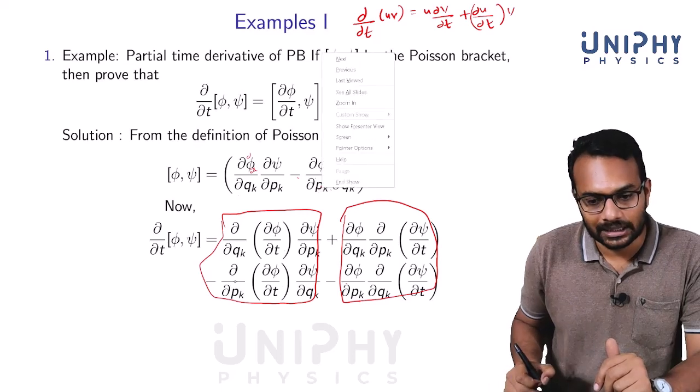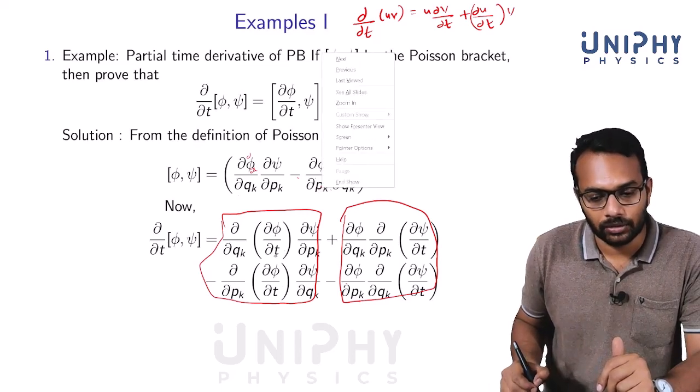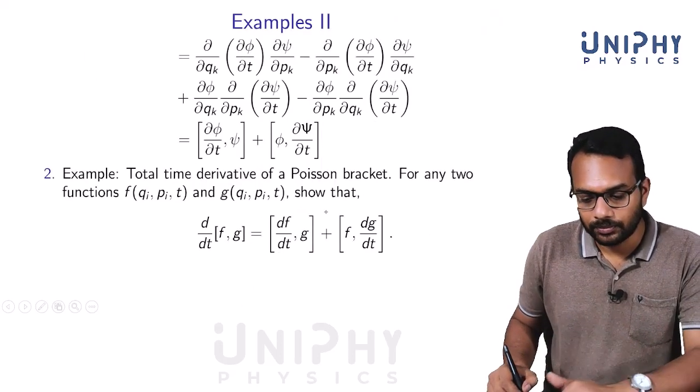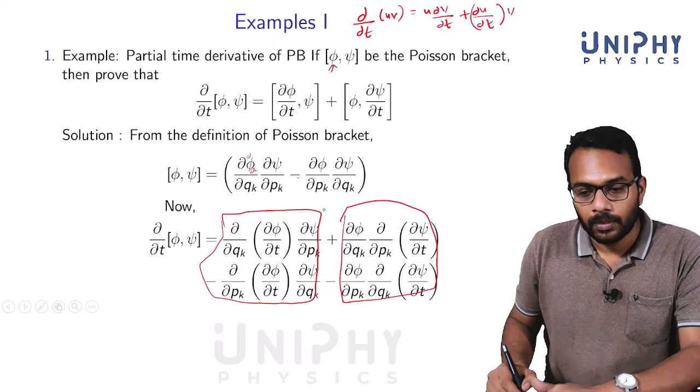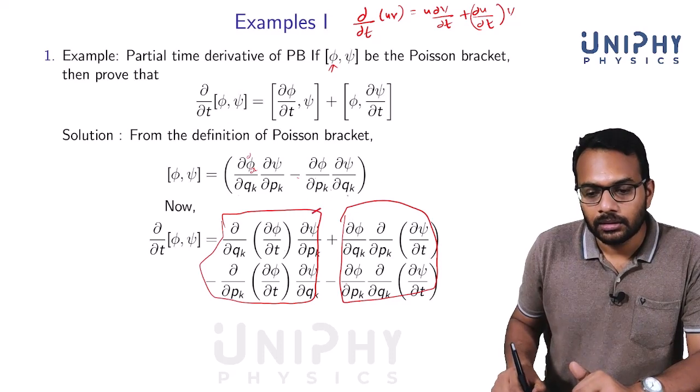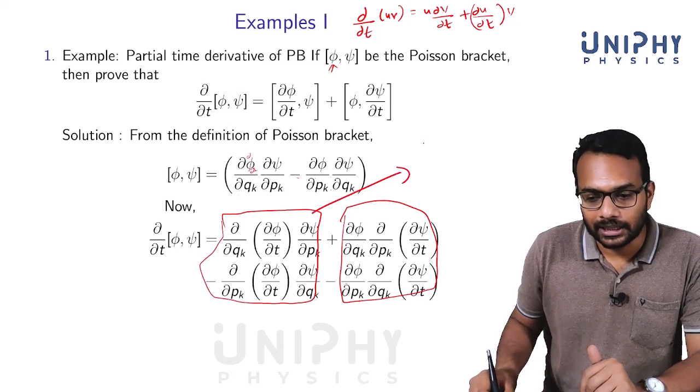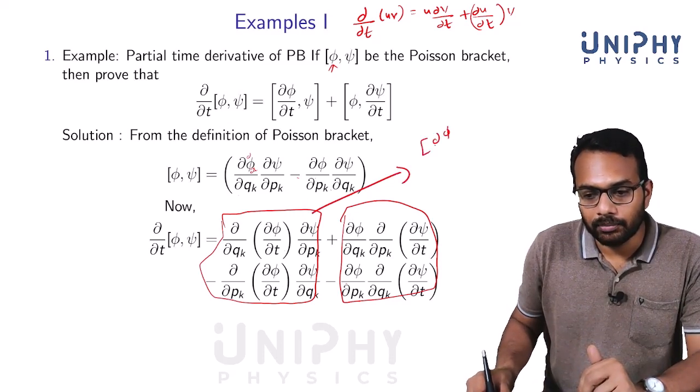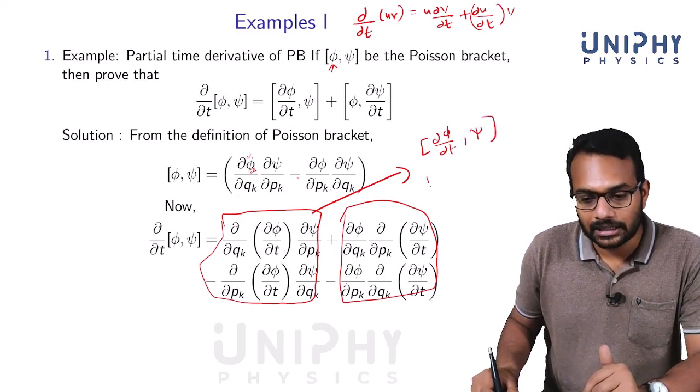Right? That's exactly what we have here: ∂/∂q_k of ∂φ/∂t. So this first term, we can write as the Poisson bracket of ∂φ/∂t, comma ψ. Fine. Right? What about the second term?